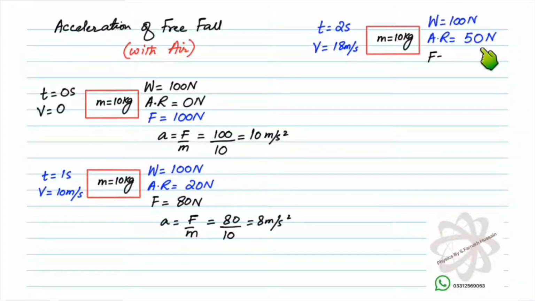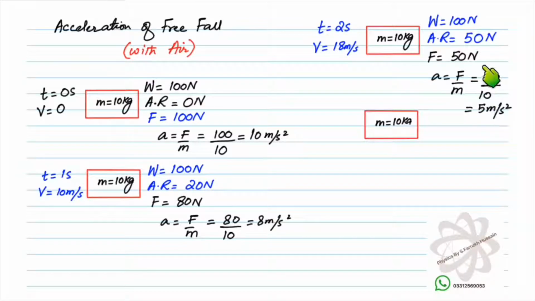Due to increase in speed, there is increase in air resistance as well. Air resistance was 20, now it is 50, so acceleration will be 5 meters per second square according to the calculation. Now the object is accelerating, but the magnitude of acceleration is less than the previous one, so the increase in velocity will also be less than previous one.